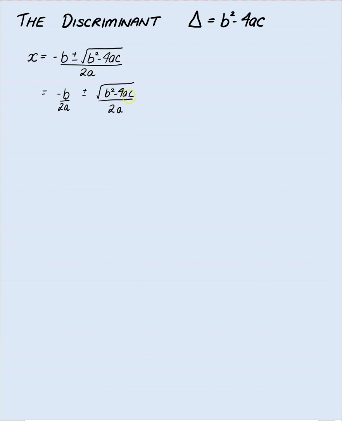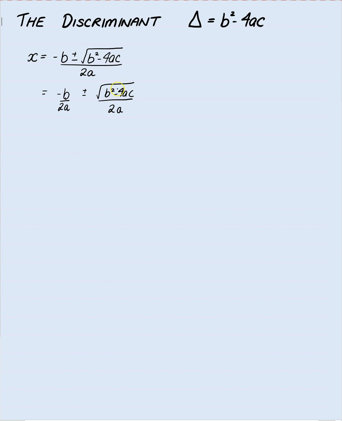We can see that clearly, underneath the square root, we can't take the square root of a negative number. So if this value, b squared minus 4ac, the discriminant, is less than 0, this solution won't make sense. So we get no x-intercepts or no solutions. If it equals 0, we're going to have minus b over 2a plus 0.